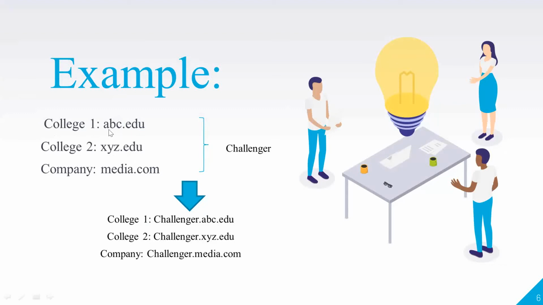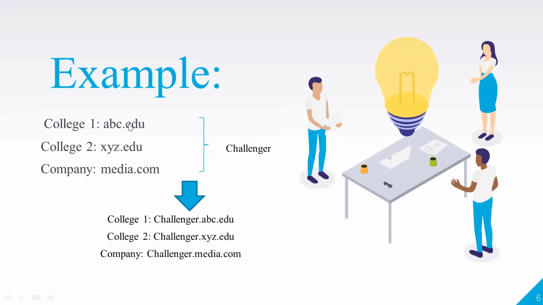College one has abc.edu, college two has xyz.edu, and the company has media.com. All these organizations name one of their computer systems challenger, so the same name is used in all of them.